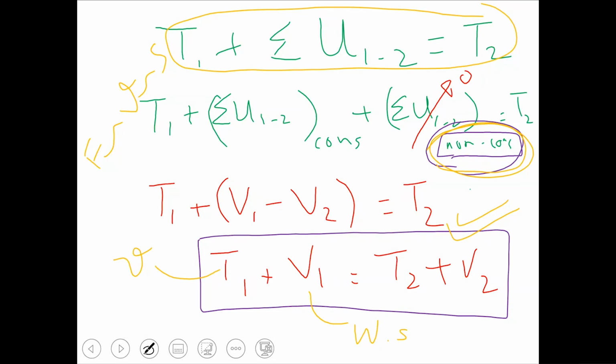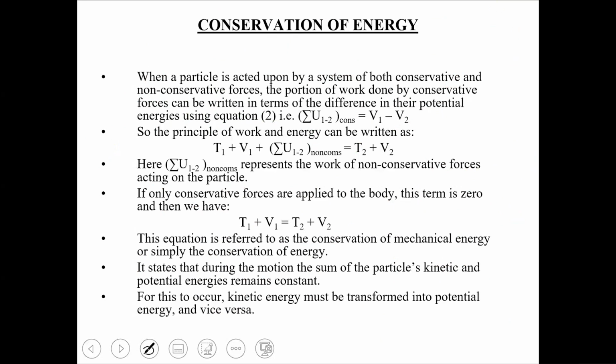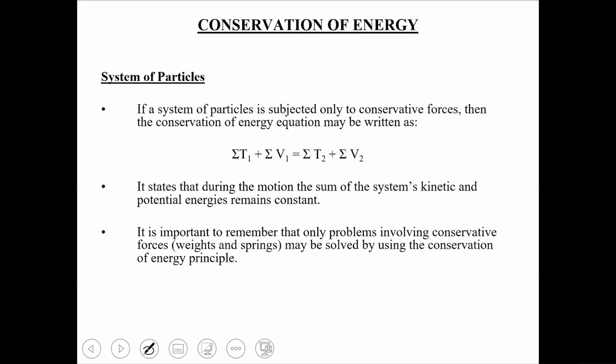Okay, so summarizing again, the principle of work and energy states that the total energy of a particle would remain constant provided that there is no non-conservative force acting on that particle. So you can apply this principle of work and energy on a single particle, as well as you can apply that principle on a system of particles as well.